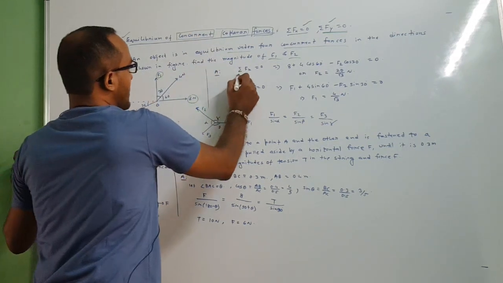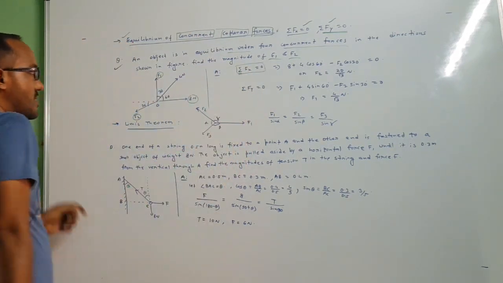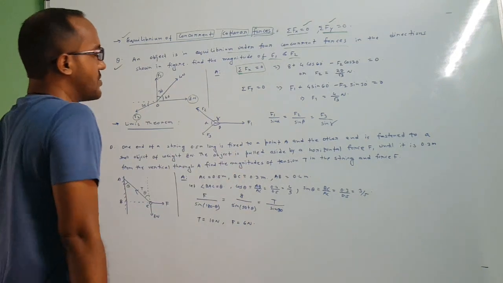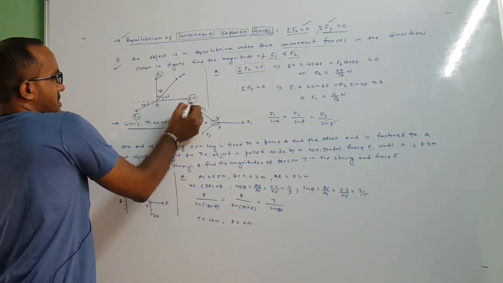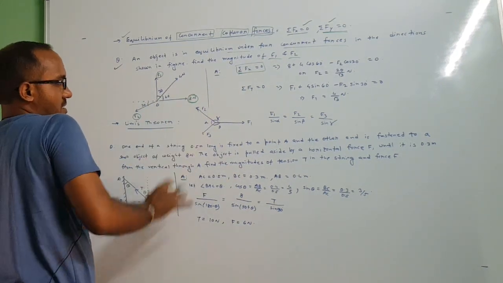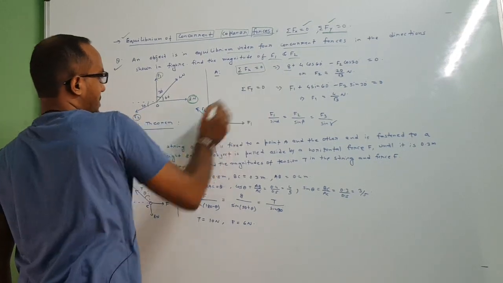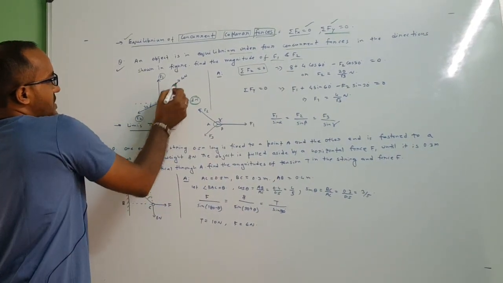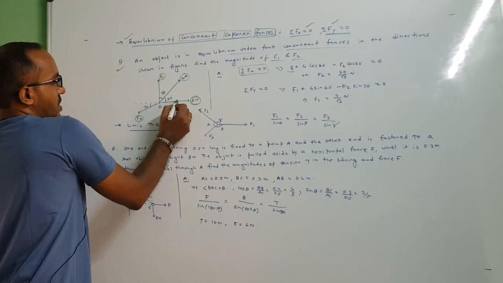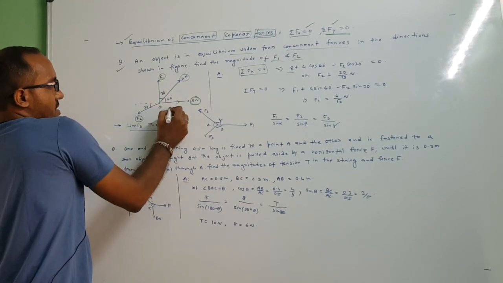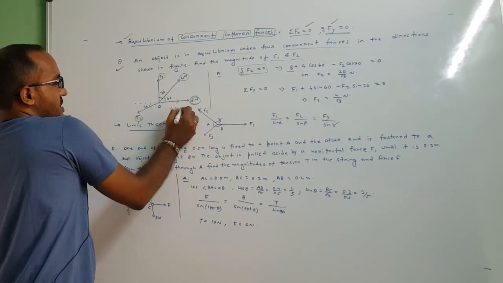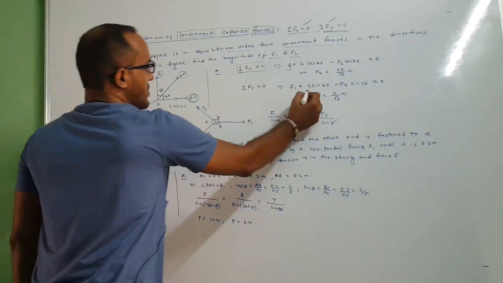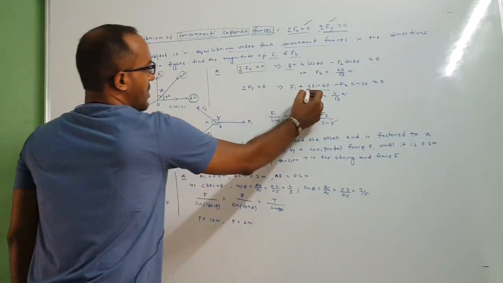So very simple, right? Because we have to make the summation of x-axis forces equal to 0. See, this 8 Newton is on the right hand side of the x-axis, so it is positive. And if you see this 4 Newton, what would be the component along the x-axis? It should be 4 cos 60, so that's why it is on the right hand side.